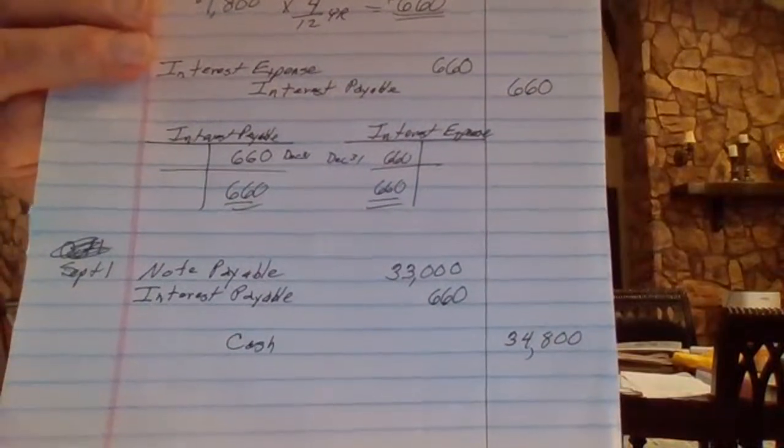My debits and credits still don't balance. The difference there, let's see, that's 33,000 equal 34,800 minus 660. 34,800 is 1140.